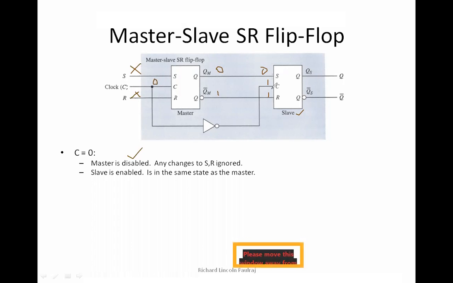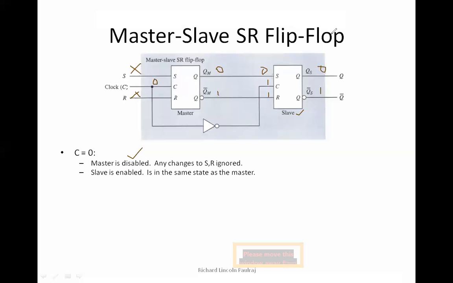So ultimately when it is 0, 1, what kind of output am I going to get? What is going to appear at Q? 0, sir. Correct. 0 is going to appear here, and the negation, 1, is going to appear here. So that is the C equal to 0 case.